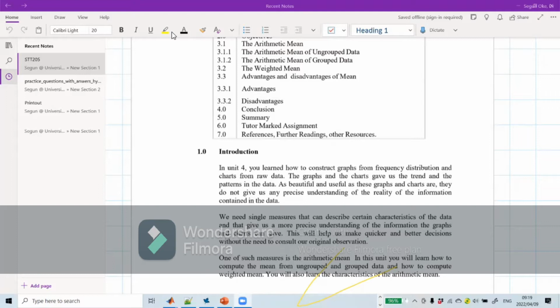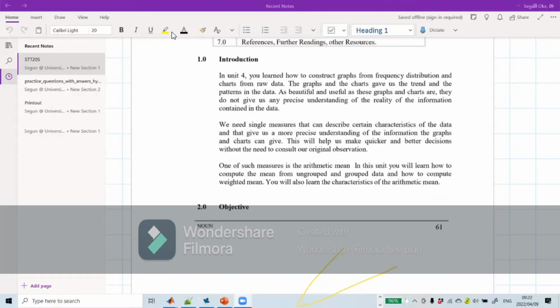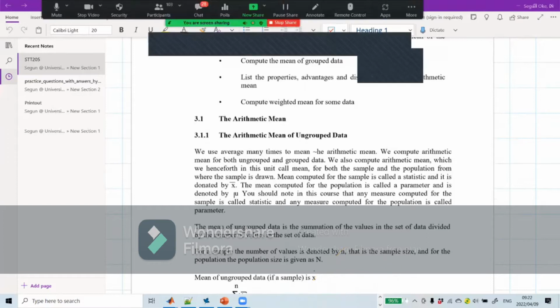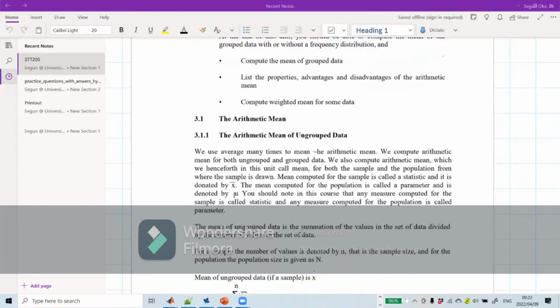So like I said, I will just do one or two examples here, then we move on. You see my screen? Yes, sir. Okay. It's clear, very clear, sir.